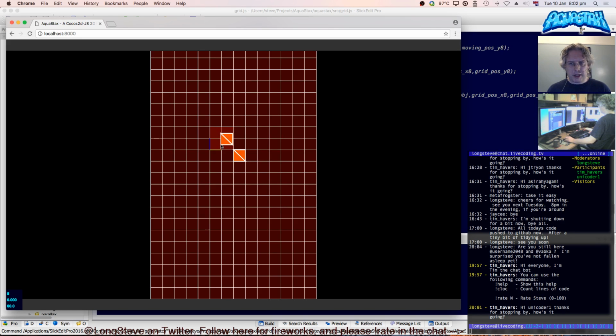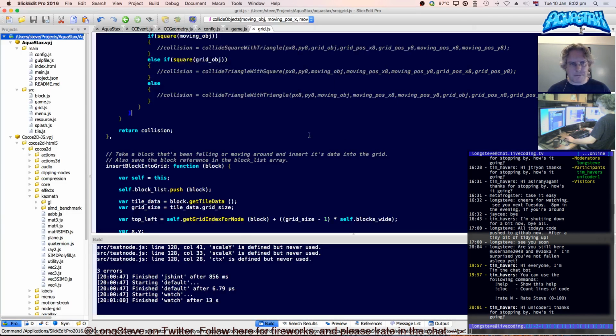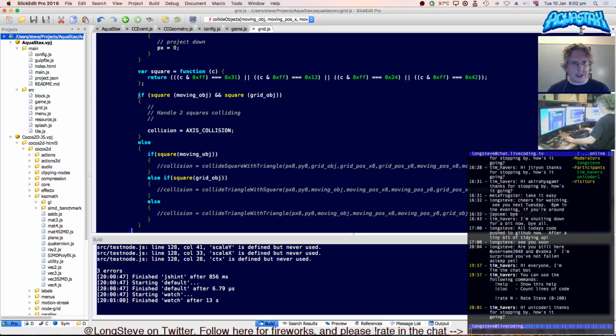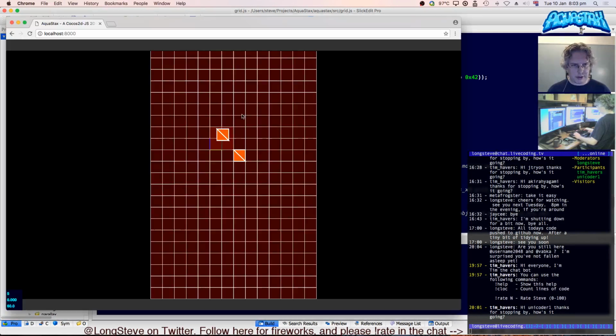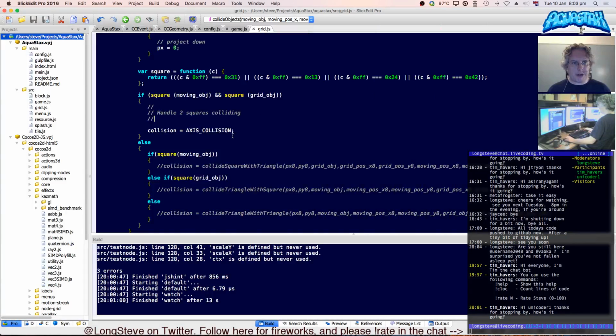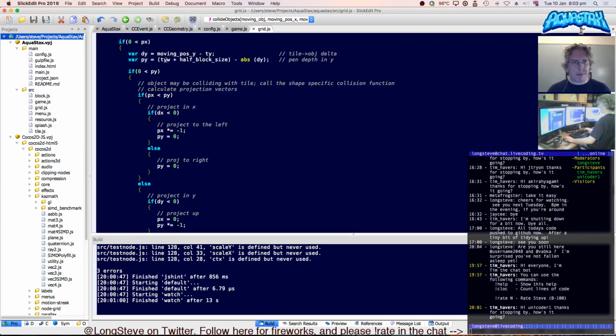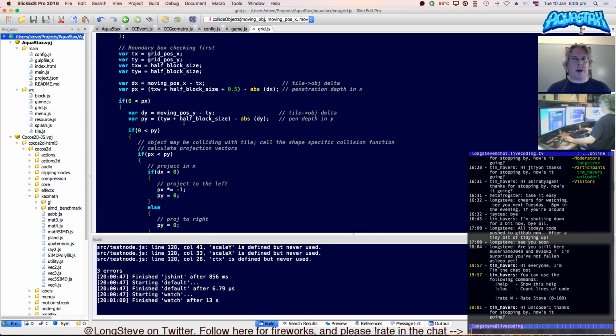And then I got to write the one path down the collision testing code, which was the two squares colliding. So that bit's quite easy. Two squares colliding is simply whether or not you've already passed the boundary box collision testing routines up the top here.